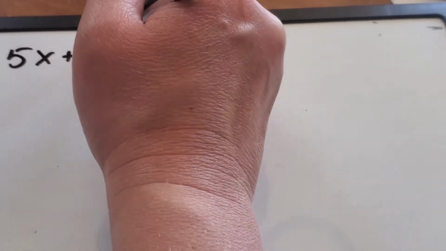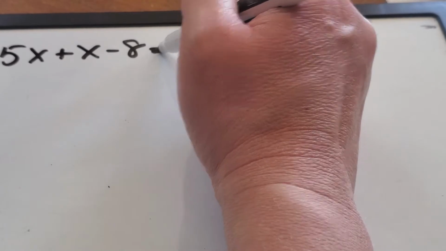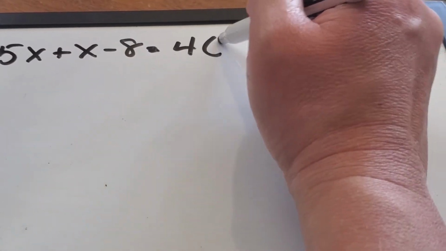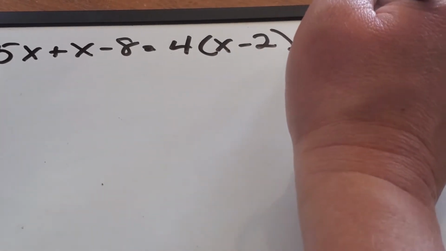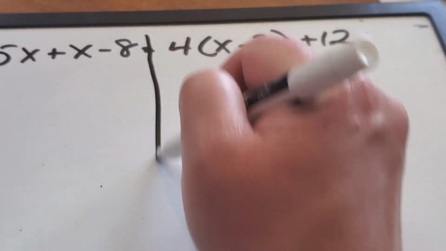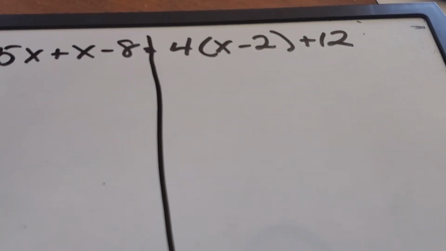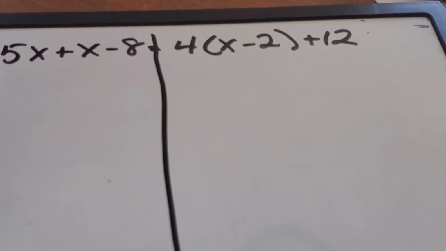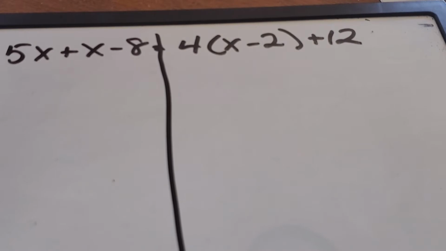First equation is going to be 5x plus x minus 8 equals 4 times x minus 2 plus 12. Put my line at the equal sign. I'm going to simplify the entire left side of the equation and the entire right side of the equation before I start moving things to try to get the x alone.